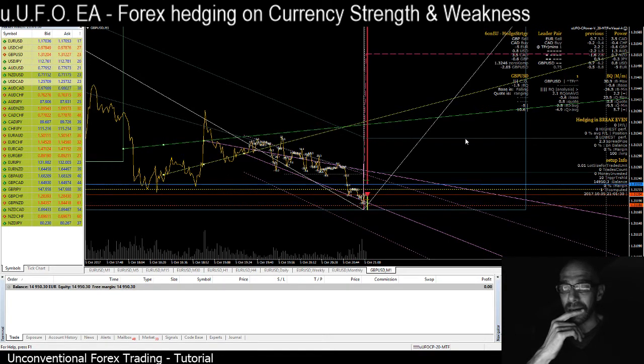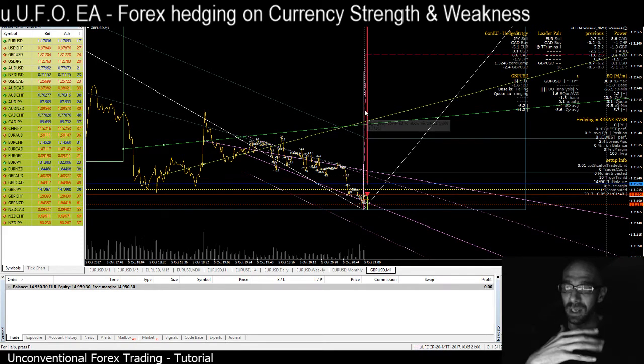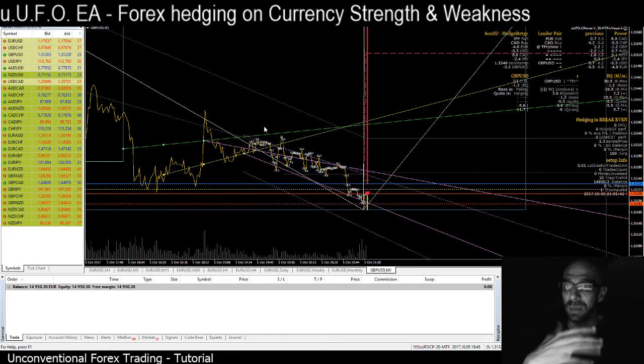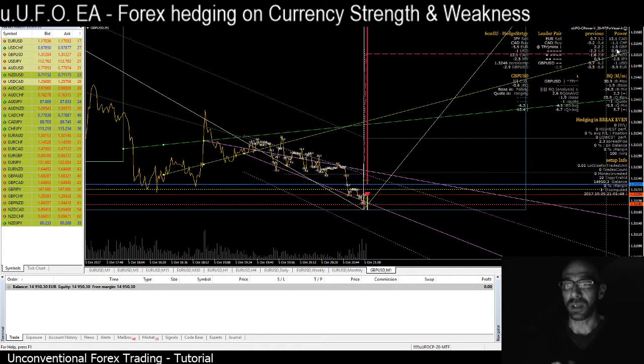But the way I designed this model seems to be quite effective, because the important thing is that we do not analyze Forex anymore starting from the pairs. We start from the currencies. Then it's very easy with two currencies to make a pair.